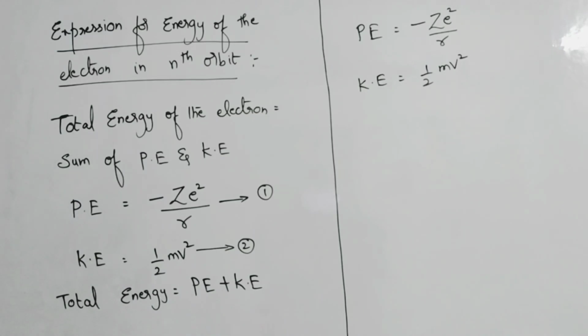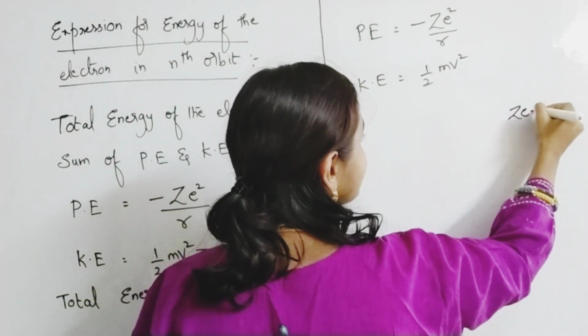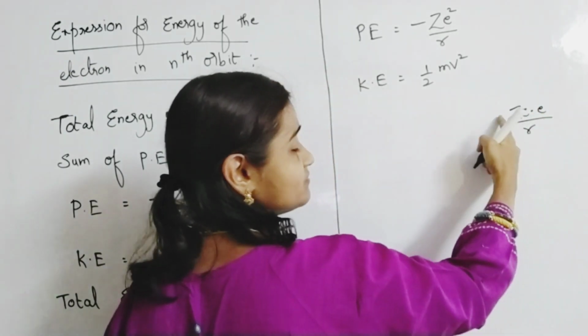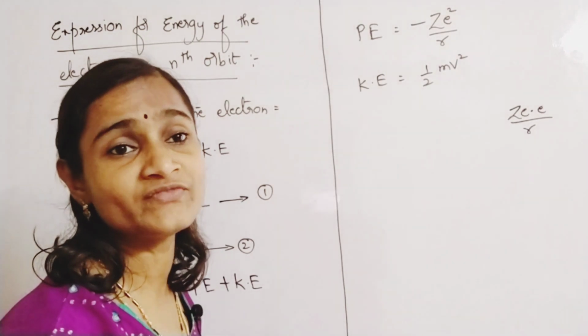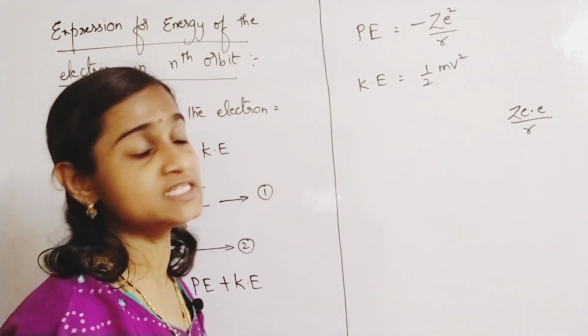Now in place of v square, you can substitute one important thing which you learnt in yesterday's class, while calculating the radius of the orbit. According to Coulomb's inverse square law, force is directly proportional to the product of the charges, Ze into E, and inversely proportional to the square of the distance between them.